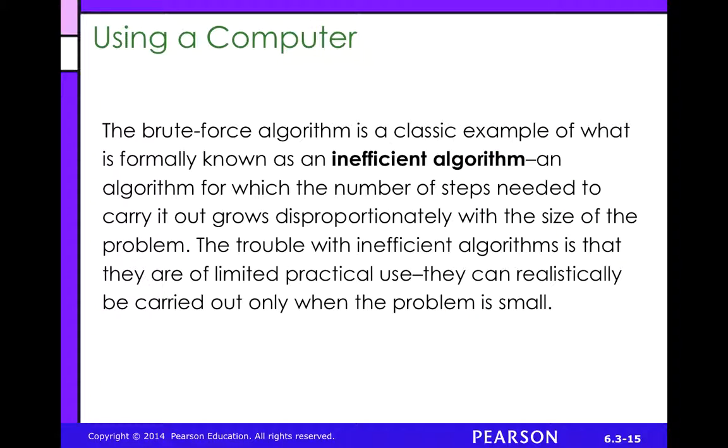So all of this to say, as a summary here, the brute force algorithm is a classic example of what's known as an inefficient algorithm. It gives you the best answer, but you're going to wait around for a long time.